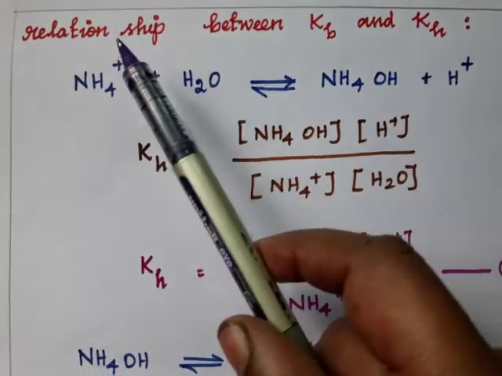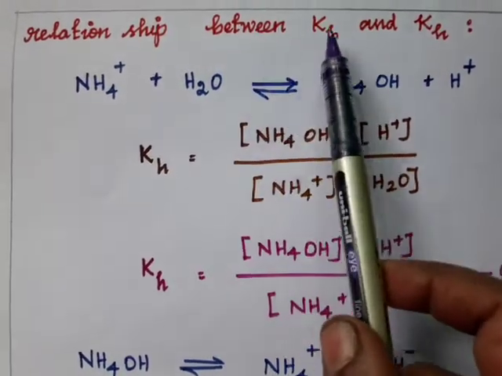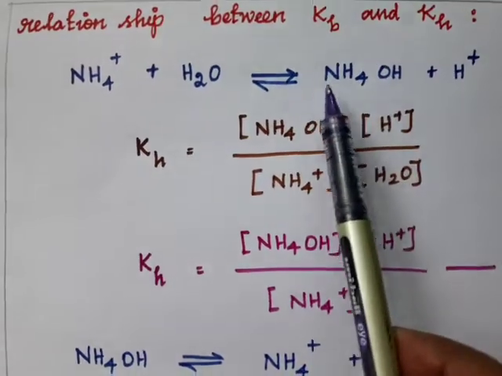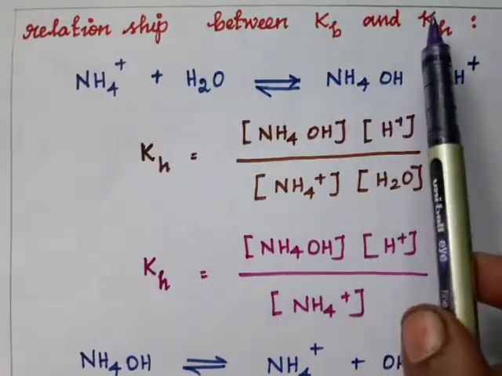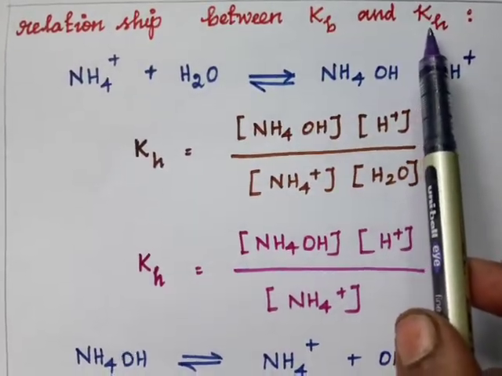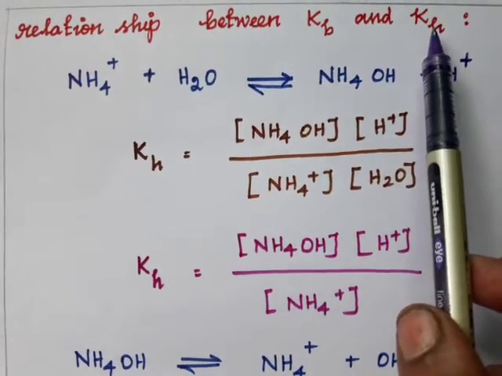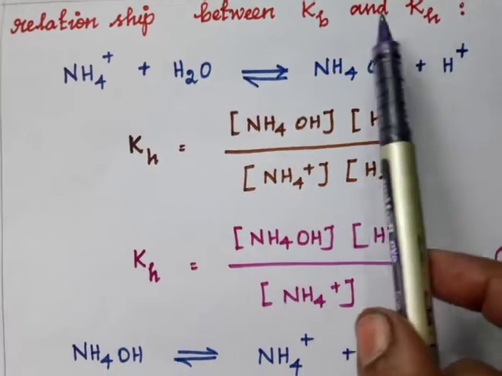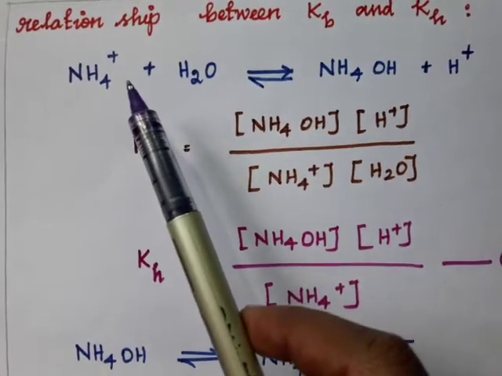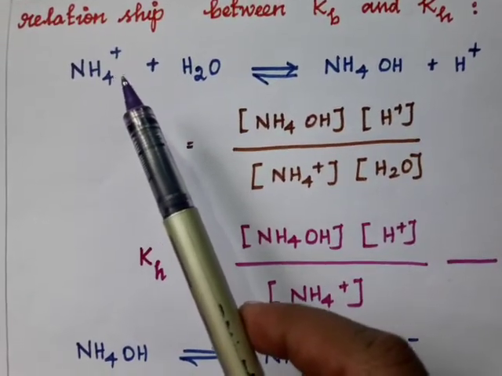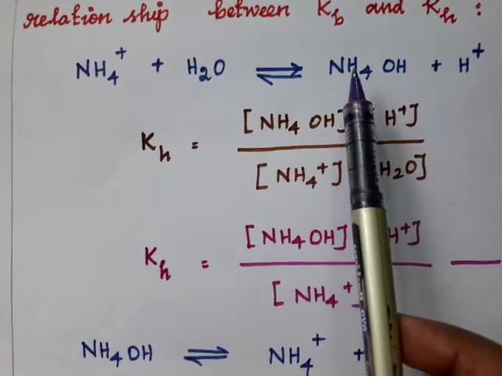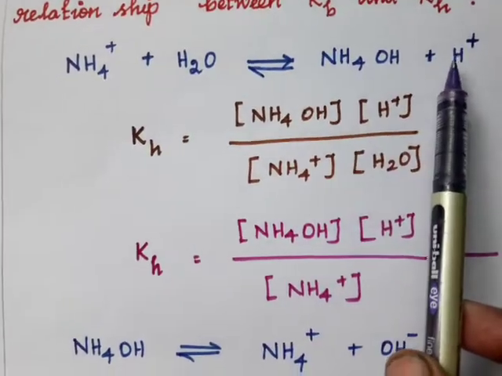So now we are going to see the relationship between Kb and Kh. Because we are considering a base, it is Kb and Kh, as we know the equilibrium constant for the hydrolysis reaction, which means the salt hydrolysis reaction. So this is the salt hydrolysis: NH4 plus reacts with water, it gives NH4OH plus H plus.